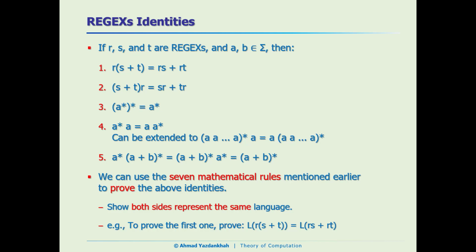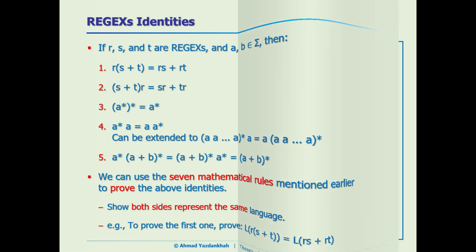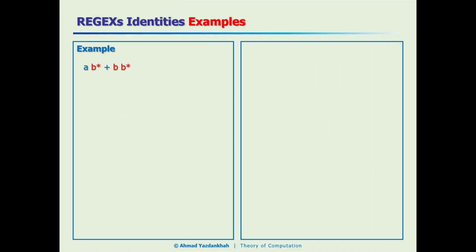All right, let's take some quick examples. How can we use these identities? So look at this: A B star plus B B star. Here I can factor out B star from the right this way. You remember that the left and right is important because we are talking about strings, and in strings, the sequence has a meaning, right?